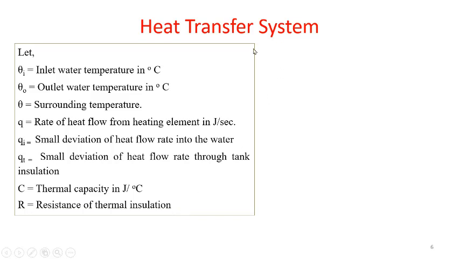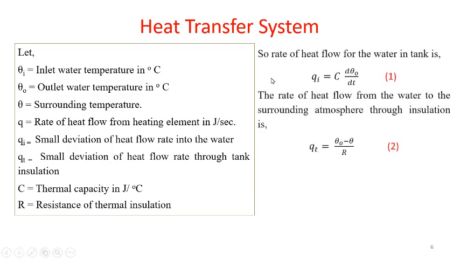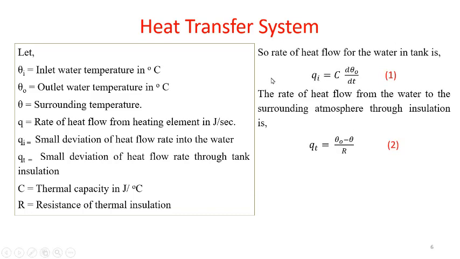Here, as I have mentioned, we are going to use the laws of heat transfer. The rate of heat flow of water in the tank is given as Qi = C d theta/dt, where Qi is the small deviation in heat flow.